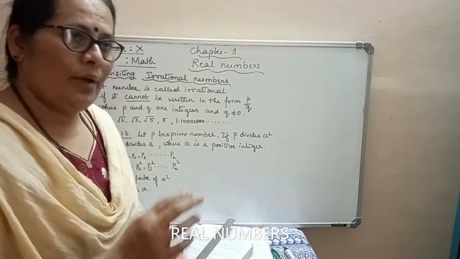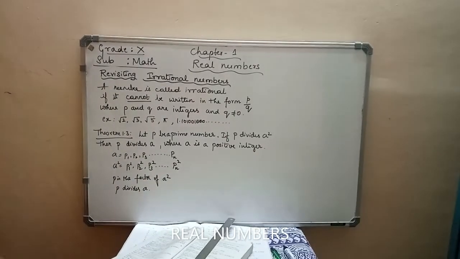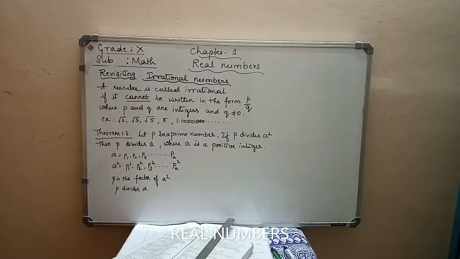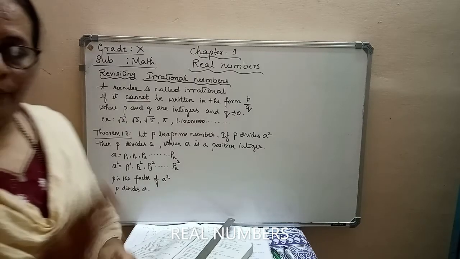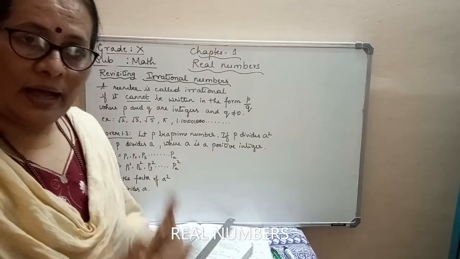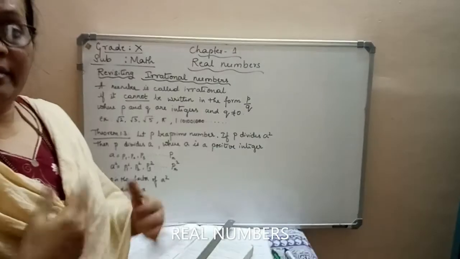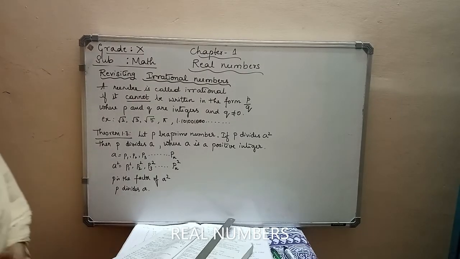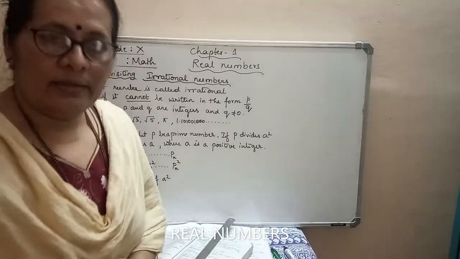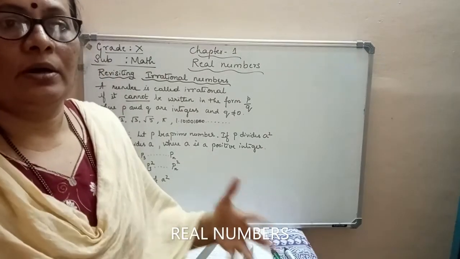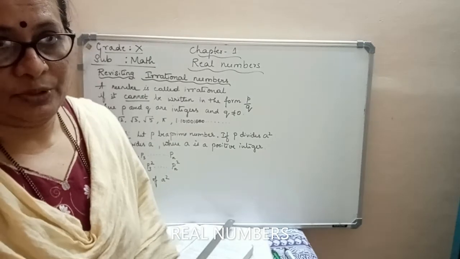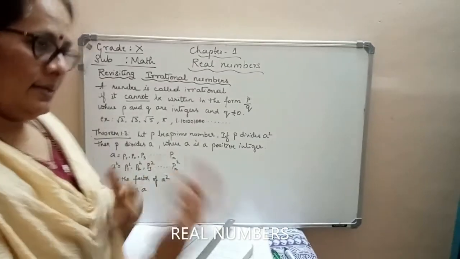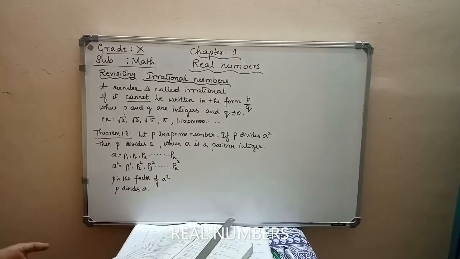Then the second step is to proceed with the direct proof. The third step is to come to a contradiction, saying that this is not possible because of our wrong assumption. The last step is the conclusion.